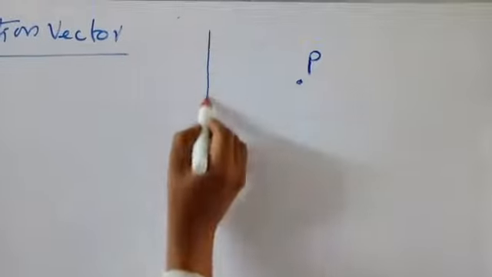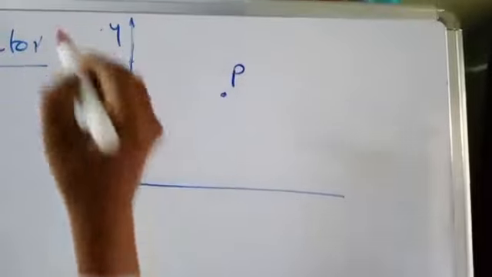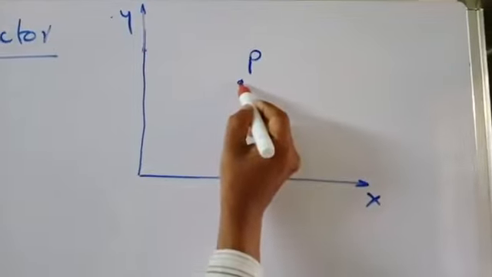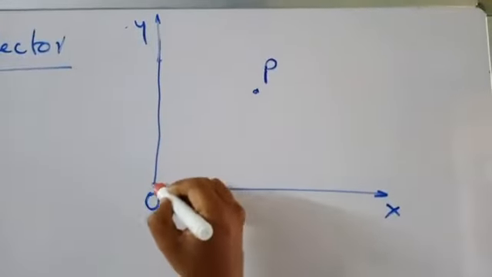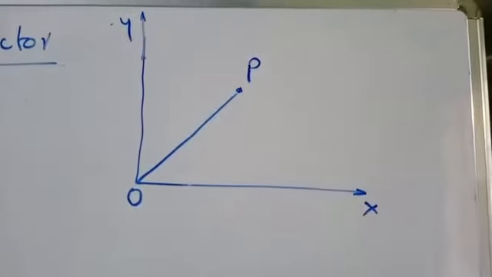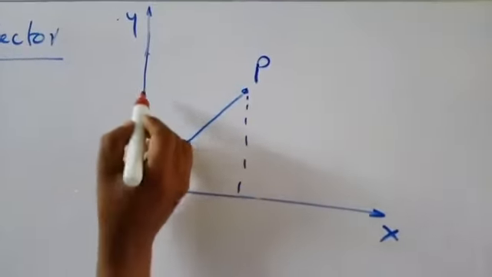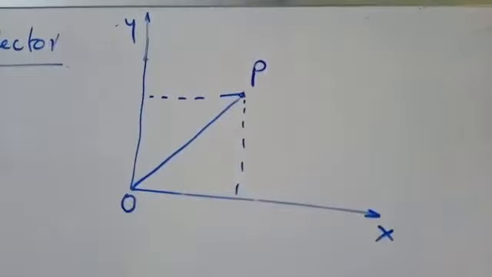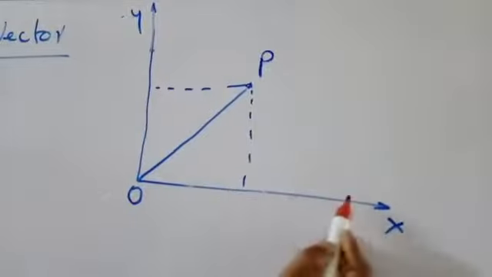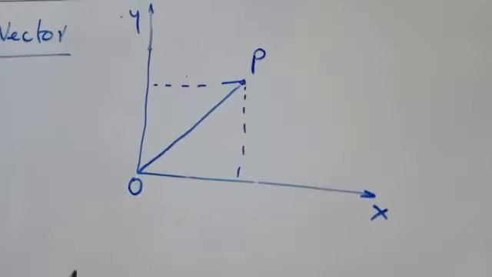I am taking two coordinates, one is the y-axis and another one is the x-axis, represented from origin O. This can be resolved into one component and another component. P is at a y distance from the x-axis and an x distance from the y-axis.